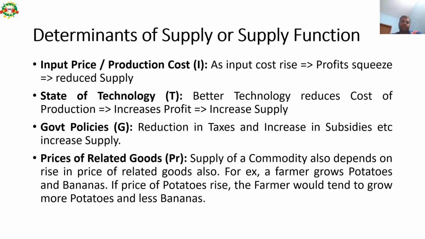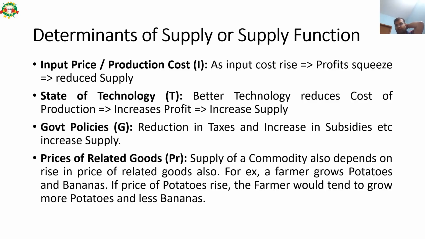As input cost will increase for supplier, profit will go down and supply or production will come down. State of technology. Better the technology, then cost of production will reduce and profit will increase, and accordingly supply will increase. Government policy, reduction in taxes and increase in subsidies will increase supply or manufacturing by the producers.